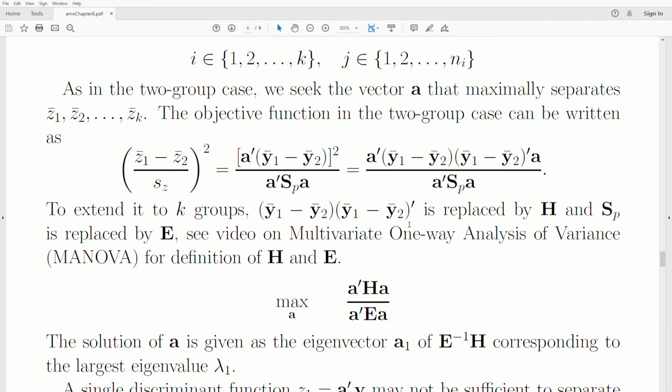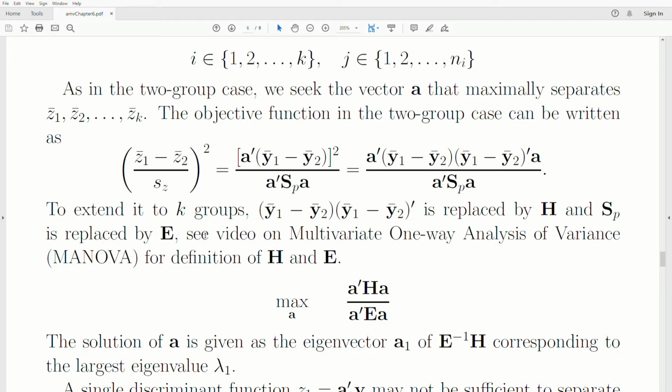So to extend the two group case, we replace this matrix with two groups with H, which is the between variance or between covariance matrix, and we replace the pooled sample variance with E, which is the within groups variance or covariance.